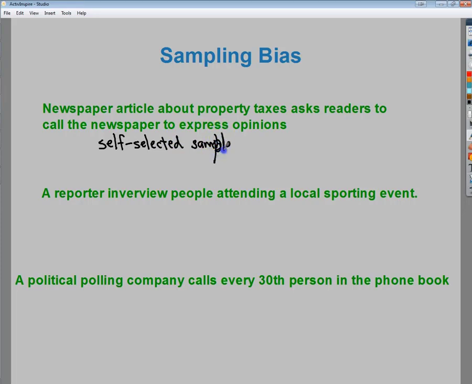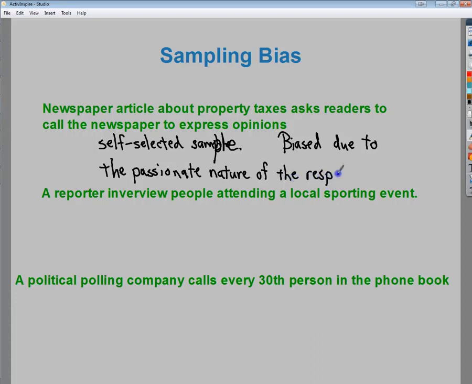And this is a biased method because you basically get the passionate people, due to the passionate nature of the respondents. Only people who care about it deeply are going to call in.